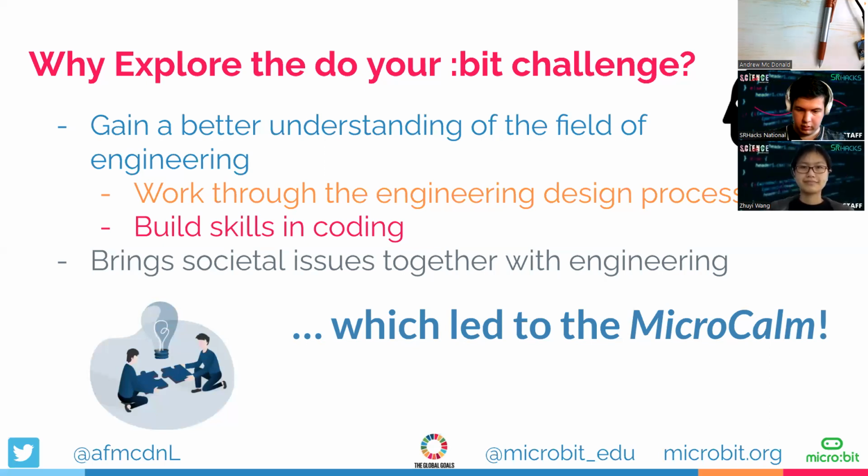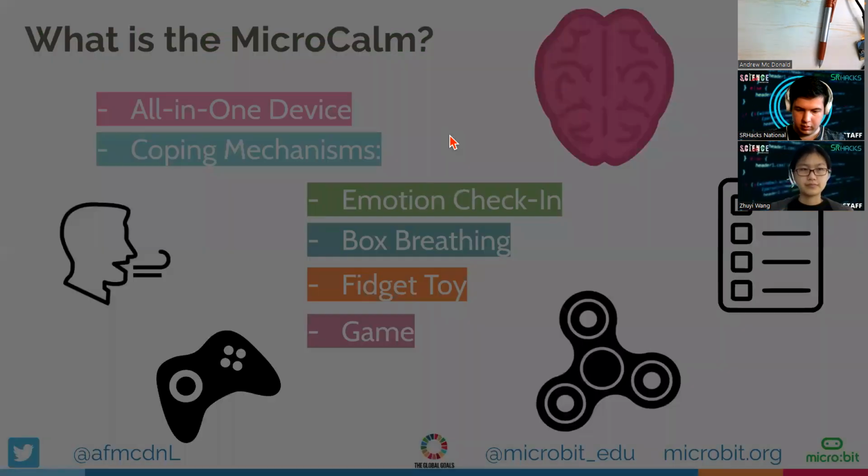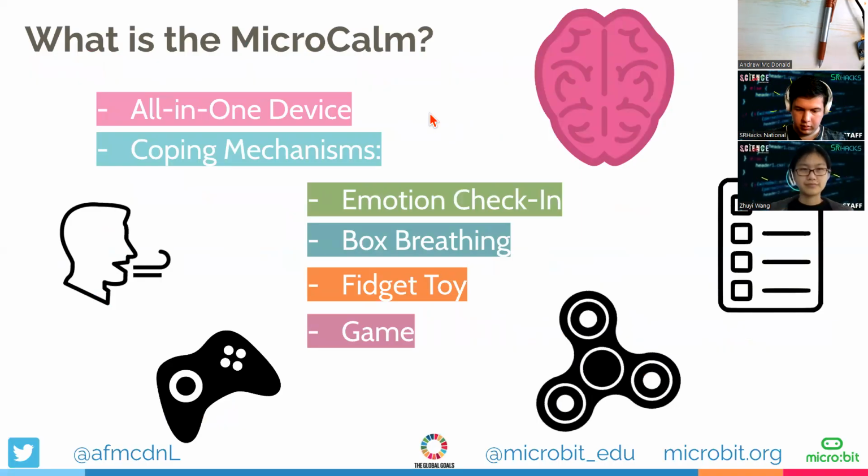For example, these two young ladies came up with something called the microcom. The idea behind the microcom is that it's an all-in-one device with various coping mechanisms. They were thinking about global goal number 3, healthy living and well-being, and focusing on two aspects of well-being.